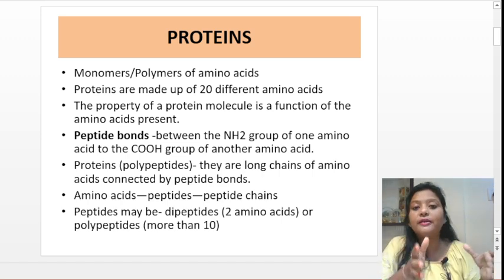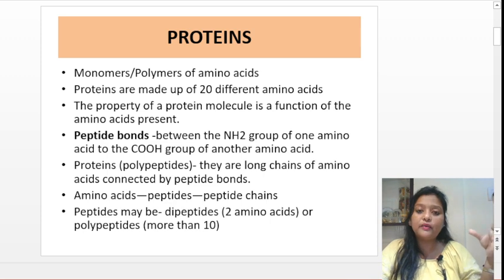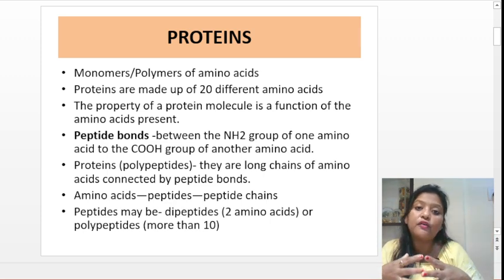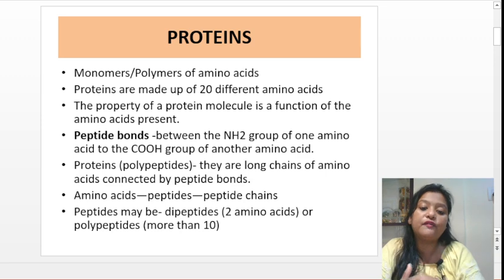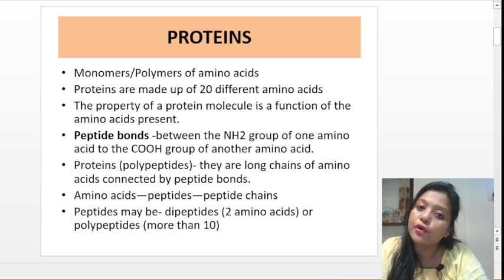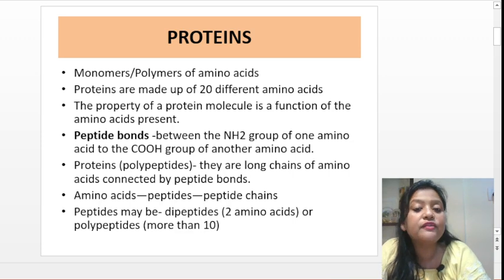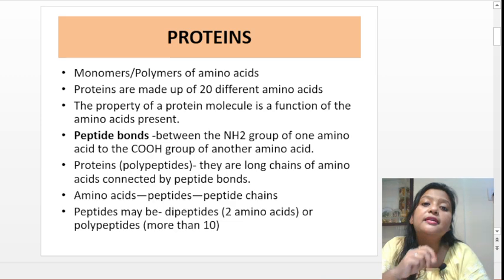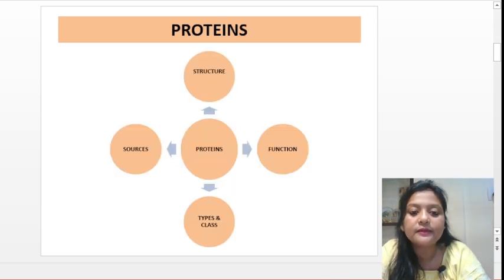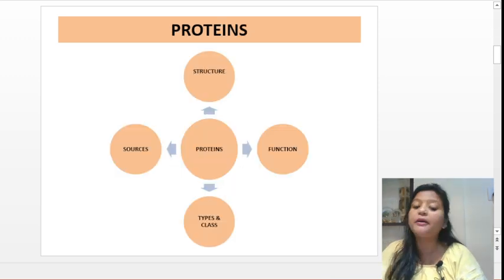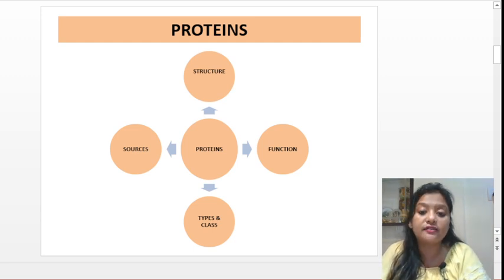Going back to the basic amino acids, they come together and form peptides, and peptides come together and form peptide chains. Many chains again form the polypeptides, or proteins. If there are two amino acids, they are known as dipeptides, and if there are more than 10 amino acids, they are known as polypeptides.